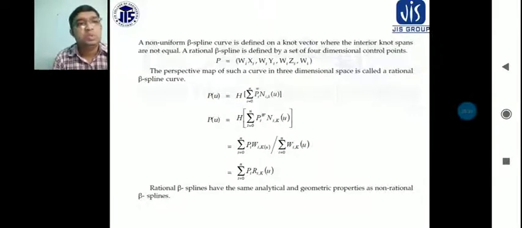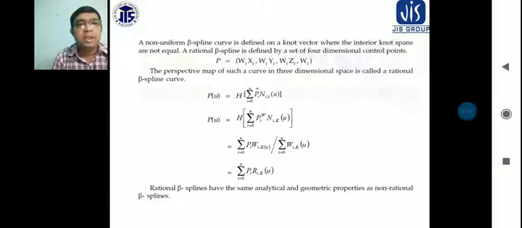That is, P(u) equals the summation from i equals 0 to n of Pi wi Ni,k(u), divided by the summation from i equals 0 to n of wi Ni,k(u).